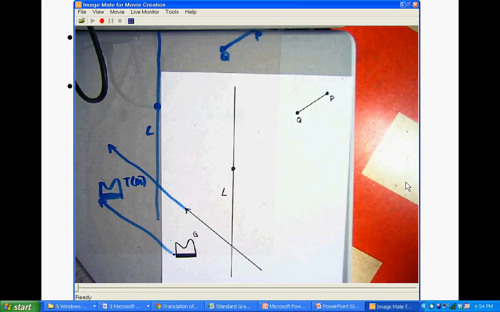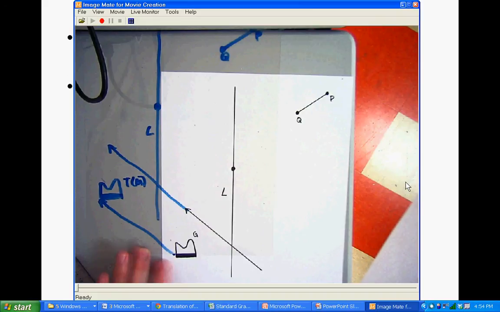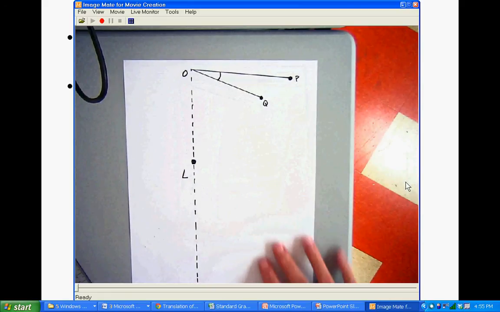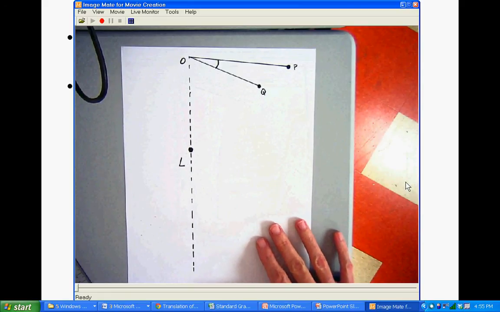So what we say is we call T of G the image of G by T. And in this case of a point, we also say that T maps G to T of G. All right, so try this with another group. And it doesn't matter because you can apply this to angles. But you can try this one on your own. Even though it's a dotted line, it is still a line.